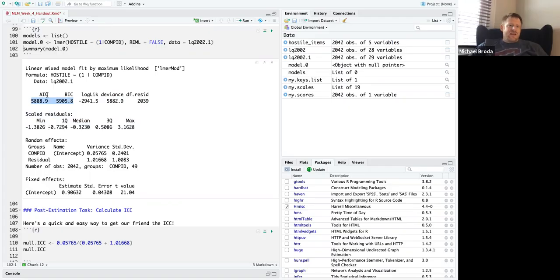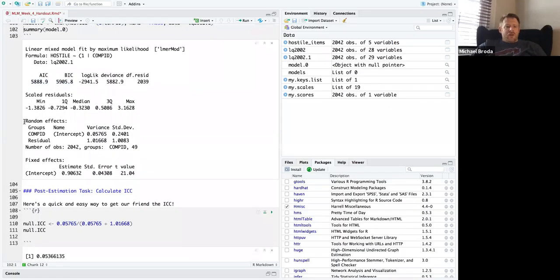So at AIC, I'm at about 5889, and BIC, I'm at 5905. I don't have to be super exact here, but I want to get a sense. As I add predictors, those estimates should go down because that's how I measure whether or not my model has improved. I want AIC and BIC to drop as I introduce predictors.